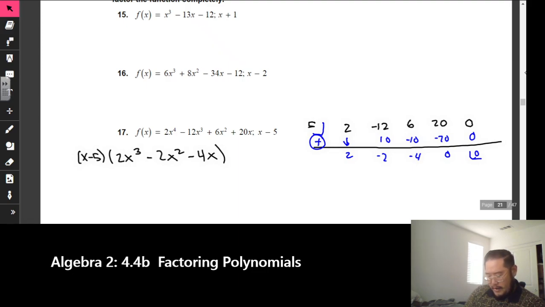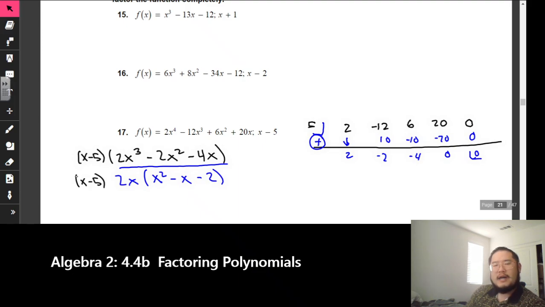Maybe there's something we could factor out of that trinomial. And exactly, there is. What can we factor out right here? GCF of 2x. So let's rewrite this. Now I have x squared minus x. And then right here, we have ourselves minus 2. And we still have right here our x minus 5, which is not to be forgotten.